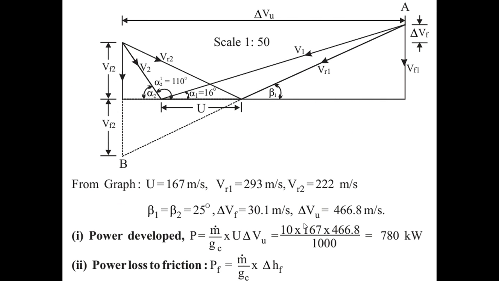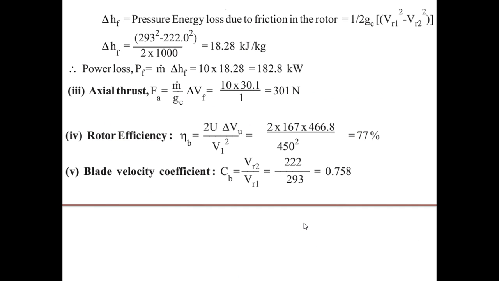So from the graph we know Vr1 and Vr2. Using this I can find out the change in the enthalpy or change in energy itself due to pressure difference or due to relative velocity. So 293 square minus 222 square divided by 2 and divided by 1000 because I want to get it in kilojoules, not in joules.